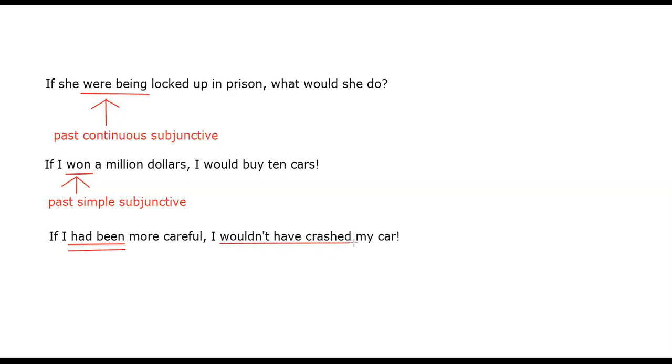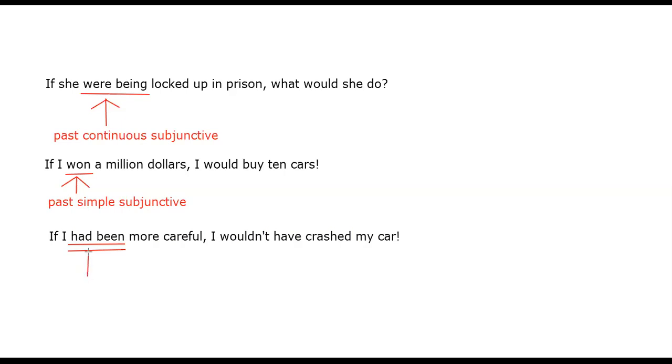Remember that in conditionals, both the if clause and the clause after don't have to be in the same time frame. So you could have, if I had worked harder in school, I would have a better job now. It doesn't always have to be would have or wouldn't have. Well, let me get to that later. I'm getting ahead of myself.